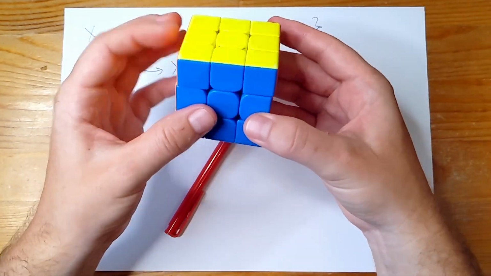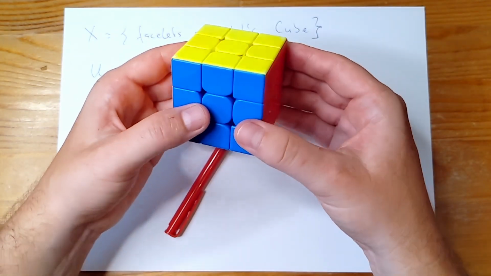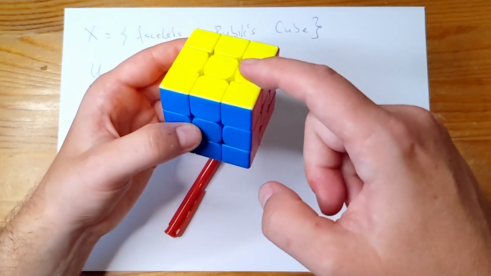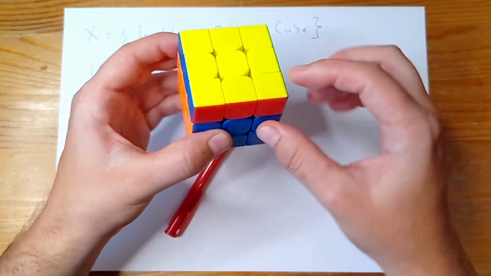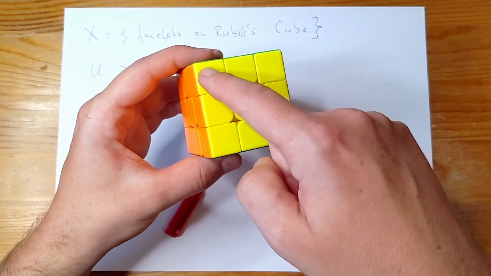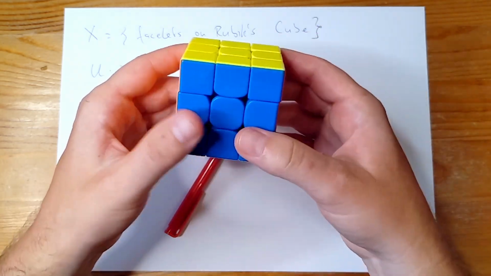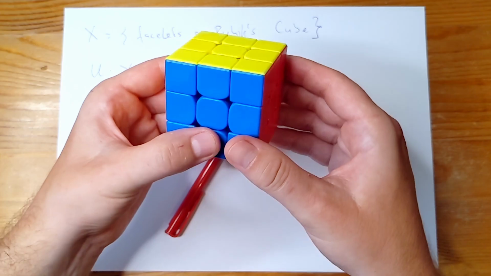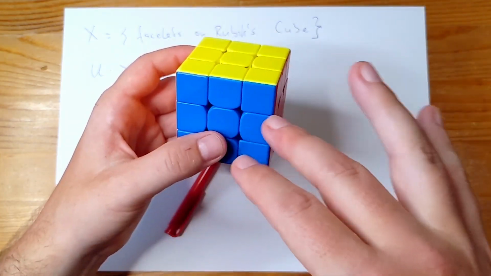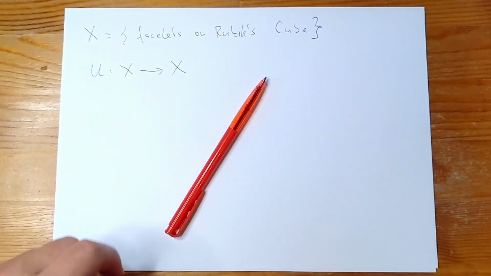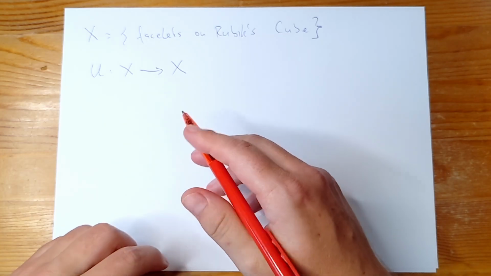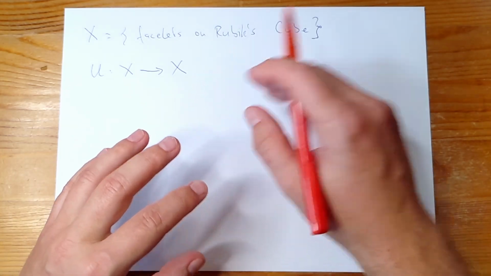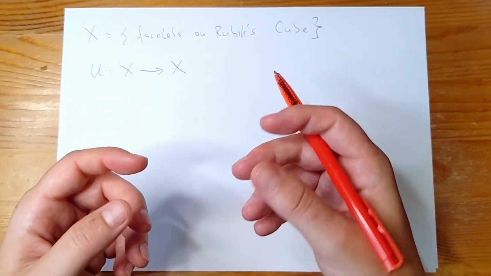When I do this, this one stays fixed, and for example, this one goes here, right? This one goes here, this one goes here, this one goes here. So all the other ones here in the bottom are of course fixed. These are fixed points, but in any case, we see that this is actually a permutation of this set of facelets.